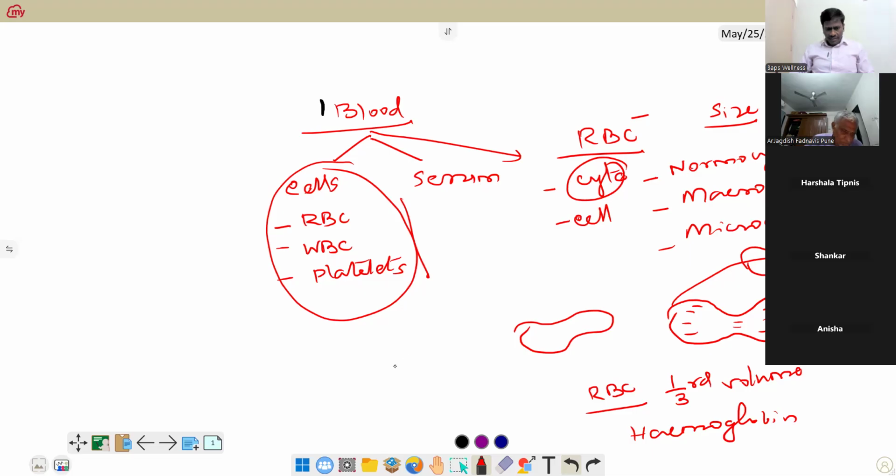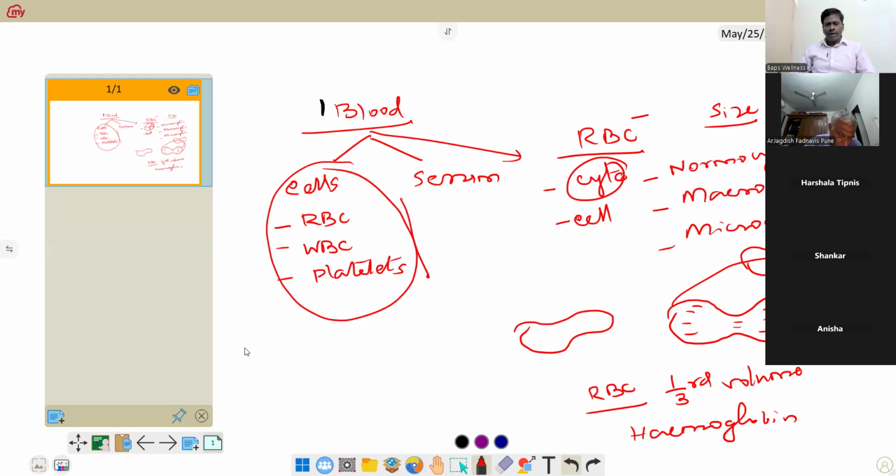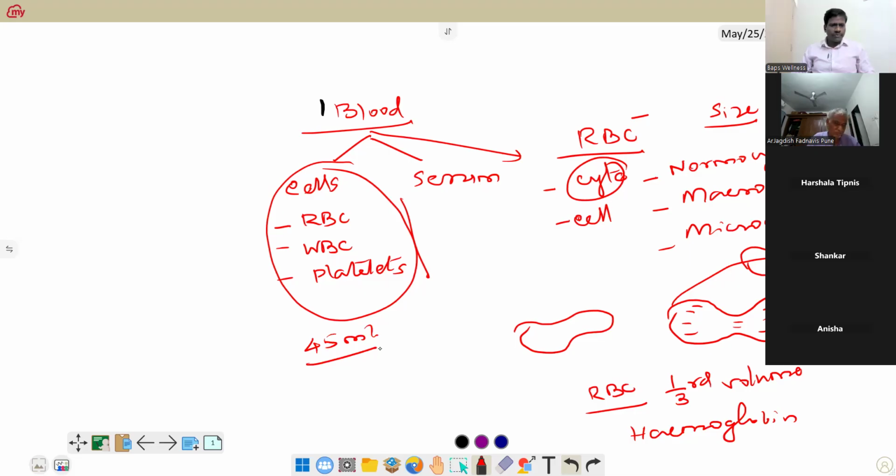We have already seen that a normal person will have around 45 ml volume, right? If you consider 1/3 of it as hemoglobin, how much does it come to? 1/3 of 45 ml is 15.